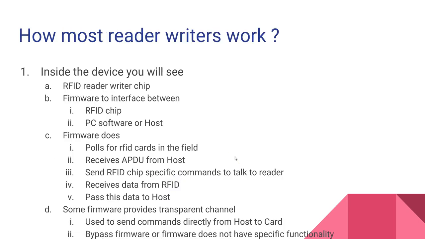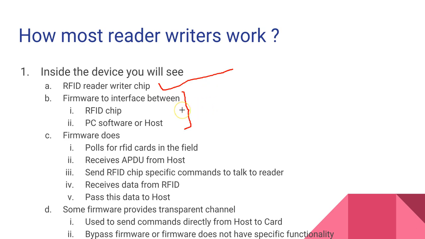This is a general introduction about how most reader writers work. If you open any reader writer, you will see an RFID reader writer chip. This is the chip that actually communicates with RFID tags. You'll also come across a firmware. This is written by the manufacturer of the device.